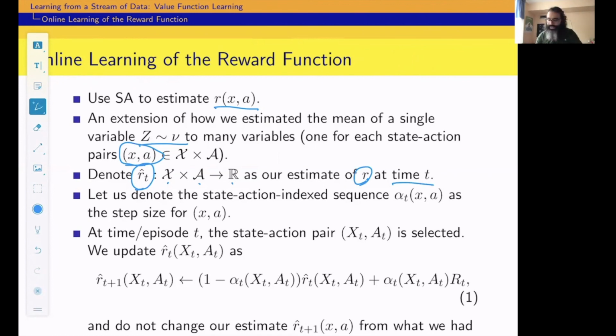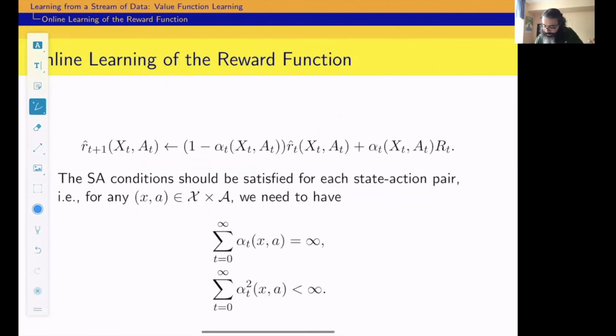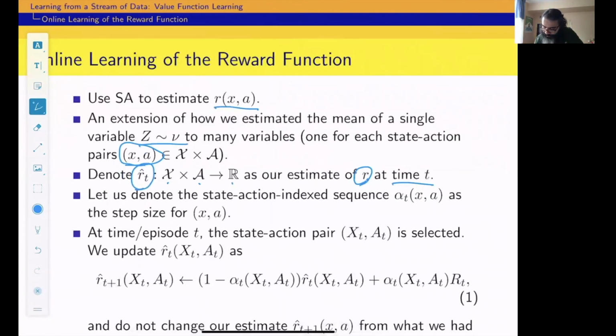Okay, so that would be the process. And the idea is that eventually we want to have some R hat of t that would be the same as R for all state and action pairs in the state space. Okay, so that's the basic idea.